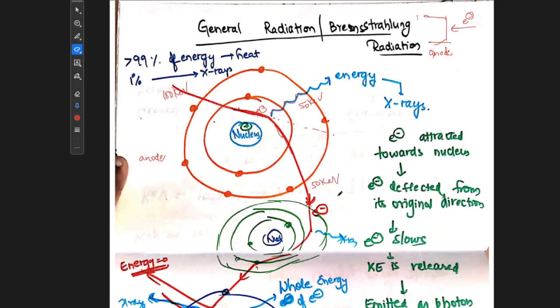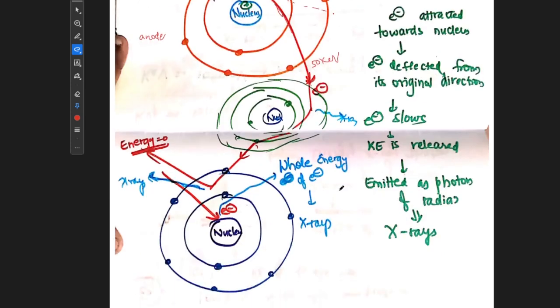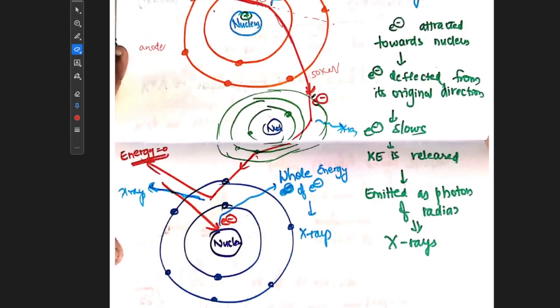Now it goes to the second atom with this 50 kilo electron volt energy. Again, once the electron reaches nearer to the nucleus, it is deflected and gives an X-ray of around 25 kilo electron volt, and the rest, 25 kilo electron volt, goes to the third nucleus.